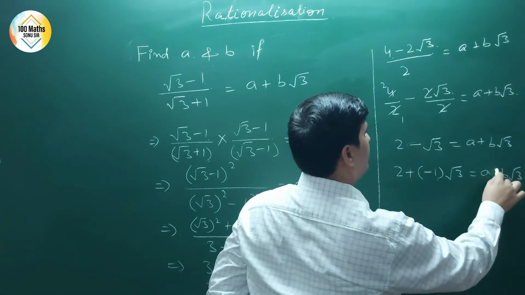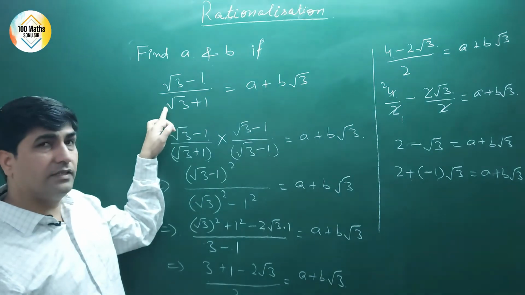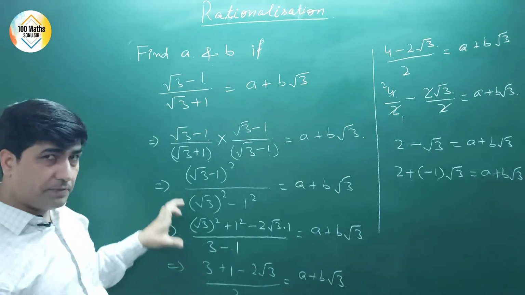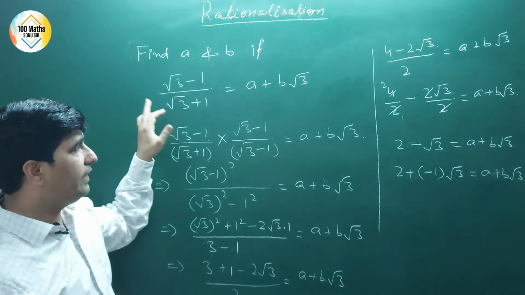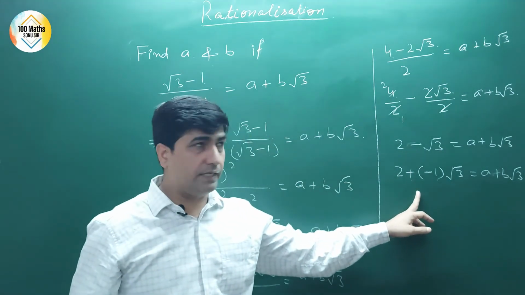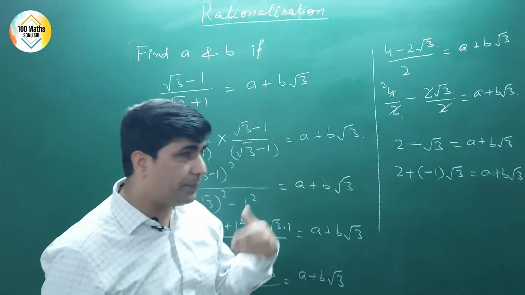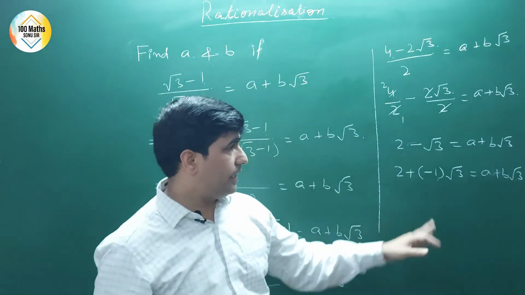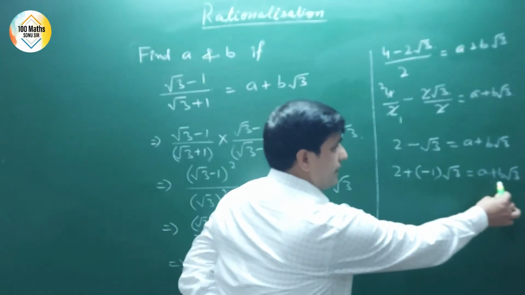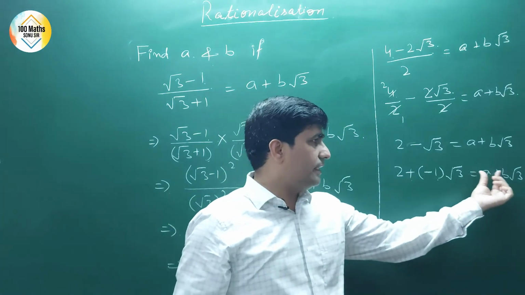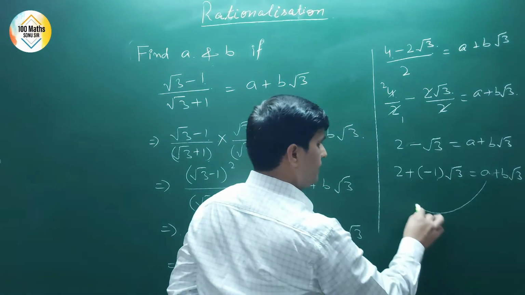Now the question is how to find a and b. We have simplified this left hand side expression with the process of rationalization, and finally we got this as our answer. But the right hand expression is in the form of a and b. Now compare it. On comparing LHS and RHS, look at this. In this right side expression there are two terms, one is a, second is this. So compare these two terms.